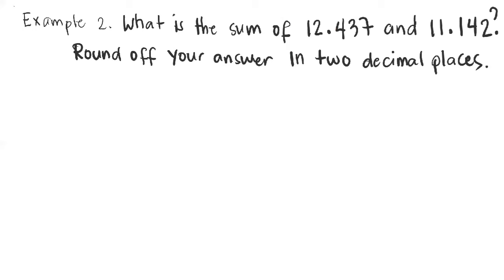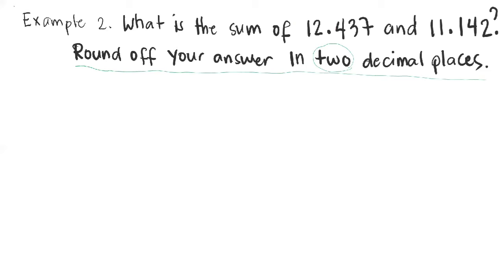Ibig sabihin dito, if makikita natin yung ating problem that you need to round off your answer into nth decimal places, it depends sa given. Sometimes it is 1 decimal place, 2 decimal places, 3 decimal places, and so on. So if we are going to round off our answer, depende tayo how many decimal places.